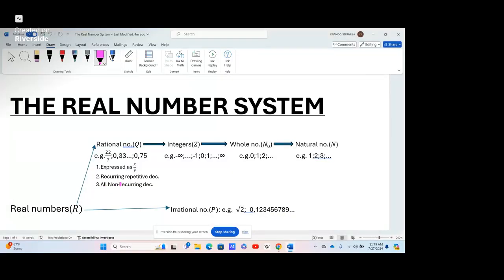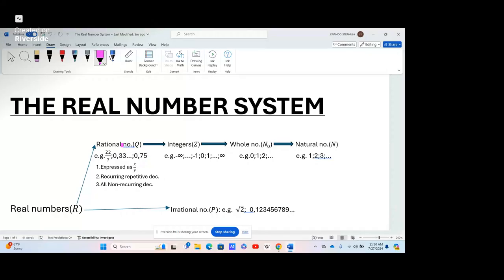And then the third characteristic, which is exclusive to rational numbers only, meaning it does not account for irrational numbers: rational numbers consist of all the non-recurring decimals, such as 0,75, 0,5. I had already explained that in my previous video.